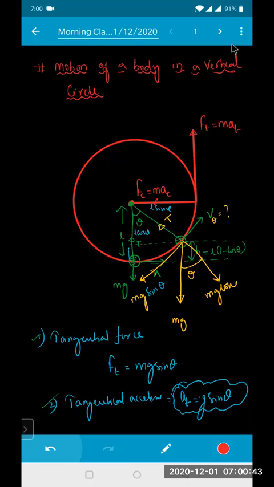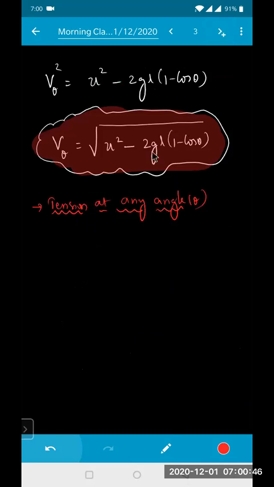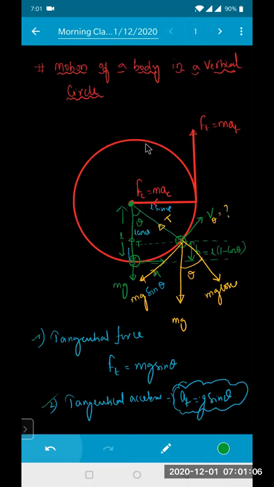So the tension at this theta will be equal to how much? I'll write here: this is the tension at theta minus mg cos theta. Both of them are in opposite directions, equal to mass into centripetal acceleration. F net is equal to mass into centripetal acceleration. The net force acting on this particle: one force is in this direction and another force, mg cos theta, is in the opposite direction.